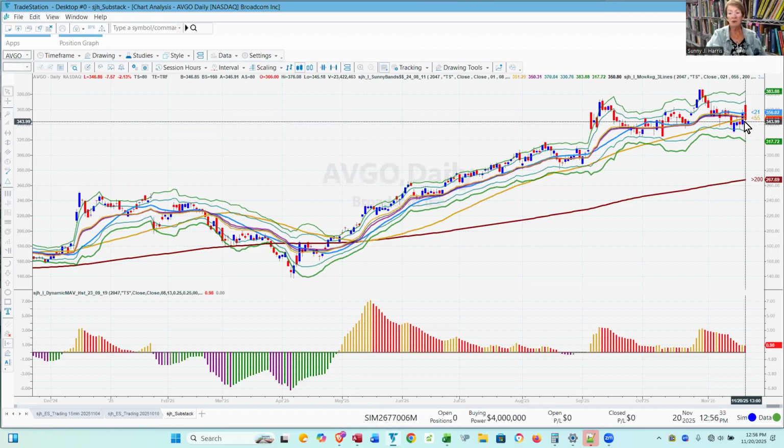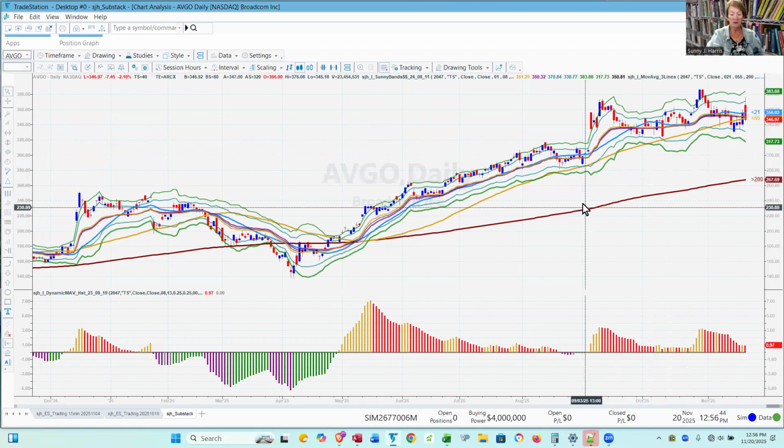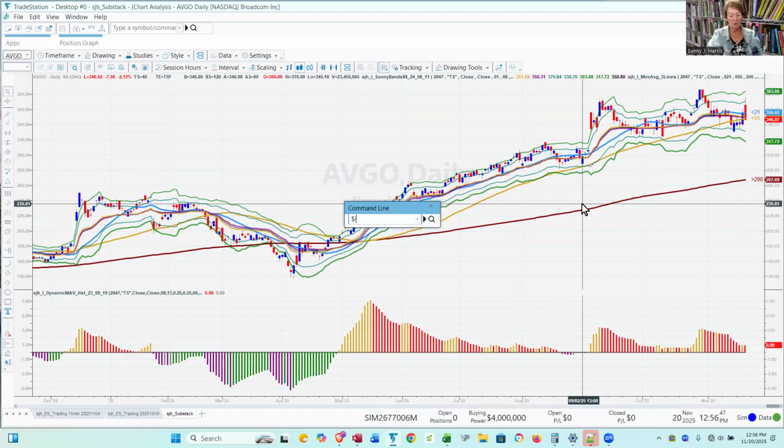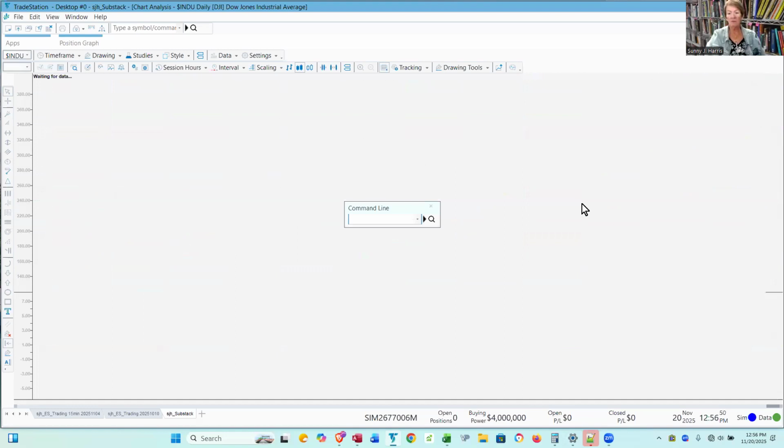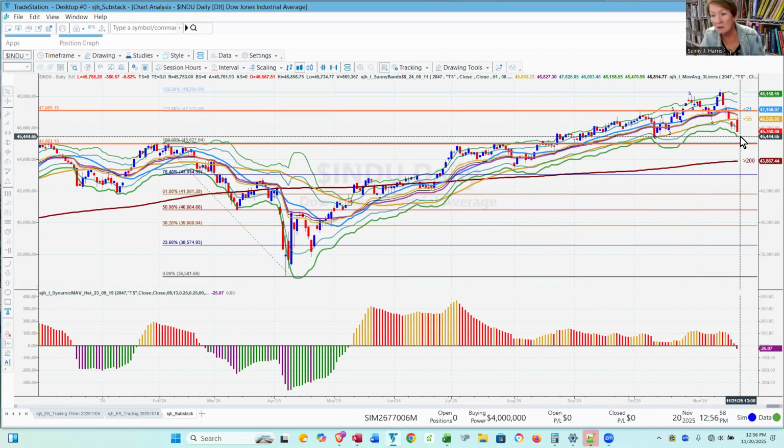And it'll probably do whatever the Dow does again tomorrow, which is probably down. So the Dow probably needs to go to the lower outer band. Let's look at it one more time, INDU. Yeah, we're looking at coming to the lower outer band, which is at 46,444. I think that's where the Dow's going next.